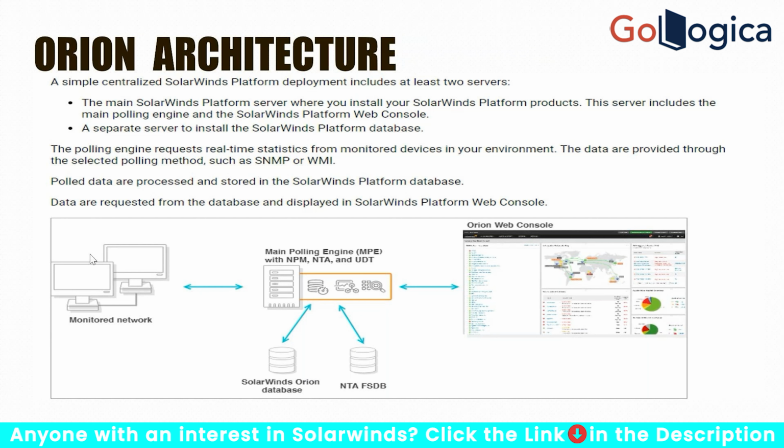If from this monitored network, let's say Cisco routers, you are receiving NetFlow data, it will be written into the NetFlow database, only the NetFlow data. And all the things you are monitoring, such as CPU information, can be visible in the web console.